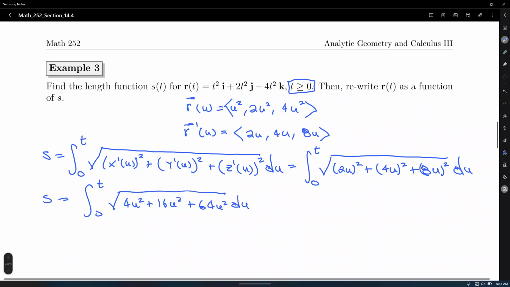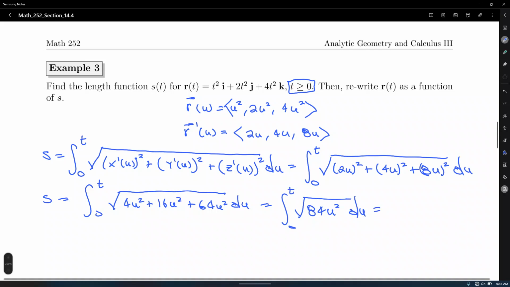And the good thing here, we have a bunch of like terms, and we will easily simplify this radical, unlike the one we did at the beginning of the section. So 4 plus 16, that's 20, plus 64, that's 84. That's the integral of the square root of 84 u squared du from 0 to t.